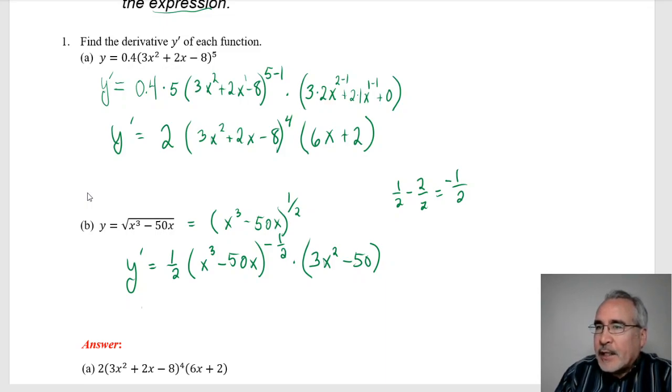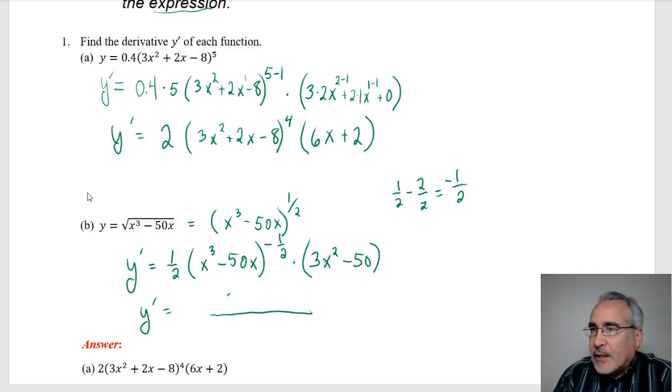So we can write this. And notice the 1/2, the 2 is down in the denominator. This will be down in the denominator. Another way to write this is 3x squared minus 50 over 2. We could take this back into a square root if we want. I'm not sure if they did that or not. To the third, because nothing happens to the inside.